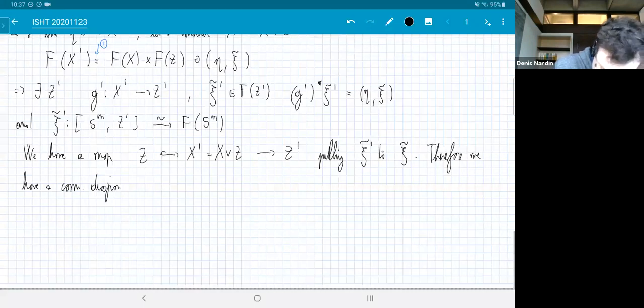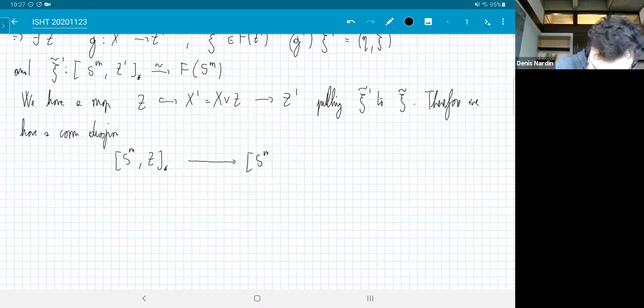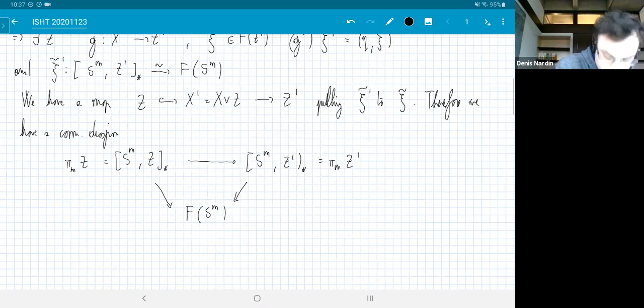So we have pointed maps from pi n of z going to pi n of z prime, going to f of Sn. Now this is, by the way, pi n of z prime, and this is pi n of z.